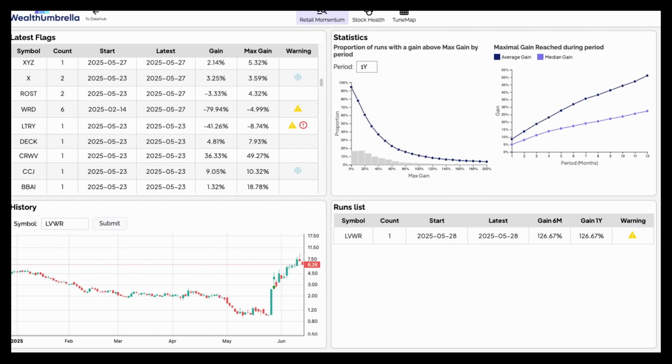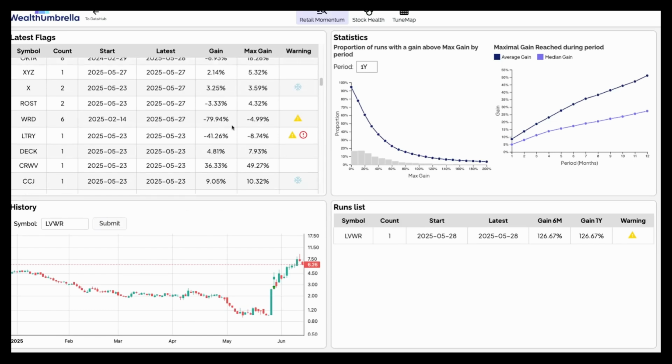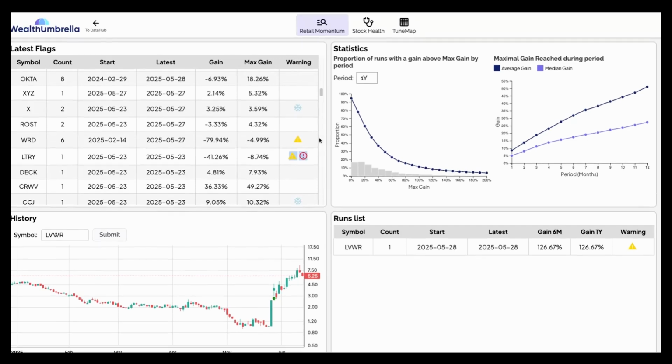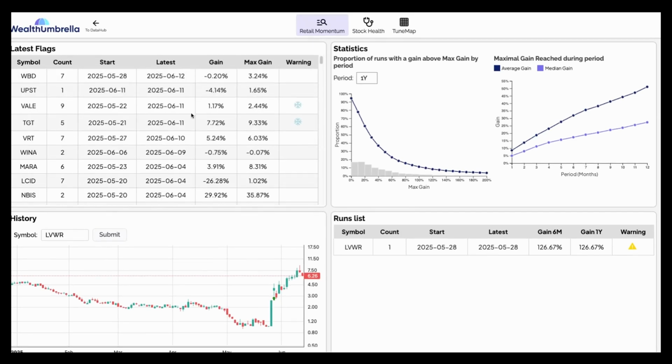And finally, I received a few questions asking how to use this retail momentum screener, and we do understand that by our decision of using warnings instead of filtering out, we created a tool that has many flags.